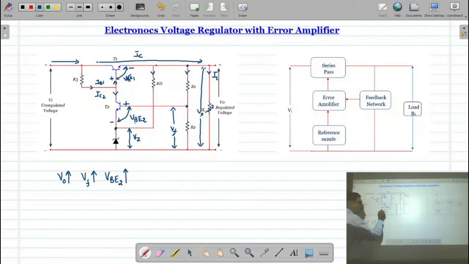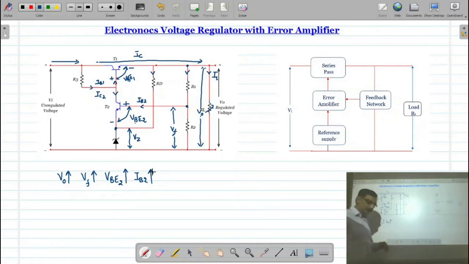Remember, the emitter potential is fixed, but the variable voltage is on the base of the transistor, therefore the VBE2 voltage will increase. Now if this VBE2 voltage increases, then naturally the base current of the transistor T2 will also increase. So here we write that IB2 is increasing.